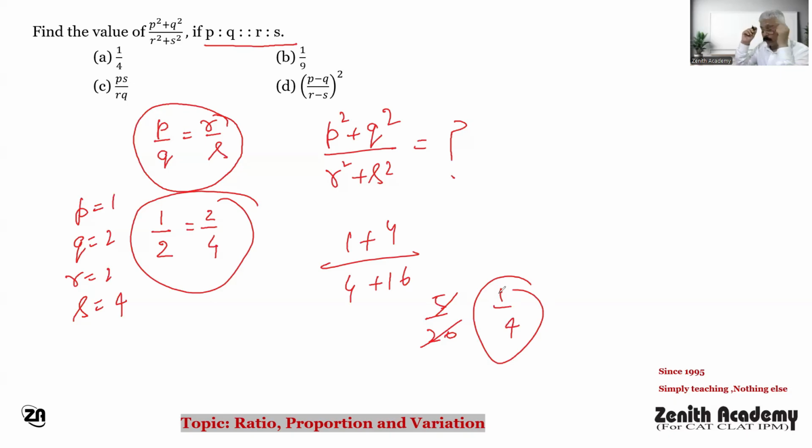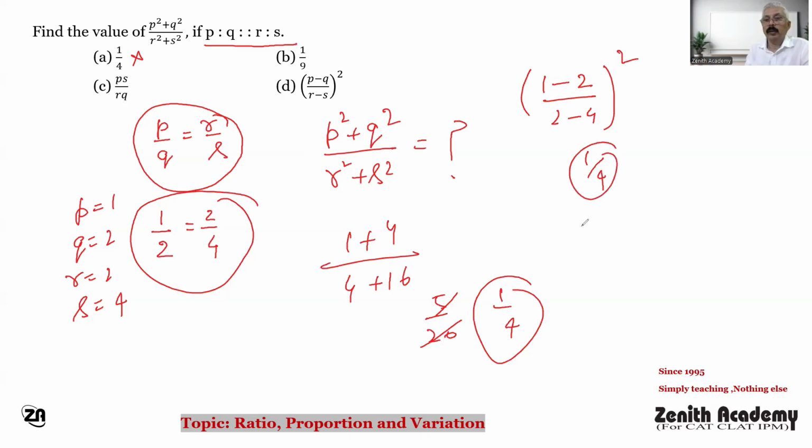If it is coming 1 upon 4, then don't be confused with this. Then put here P is 1, Q is 2, R is 2, S is 4, in option D. So 1 square minus 2 square, 1 upon 4.